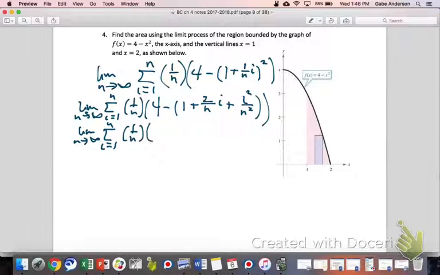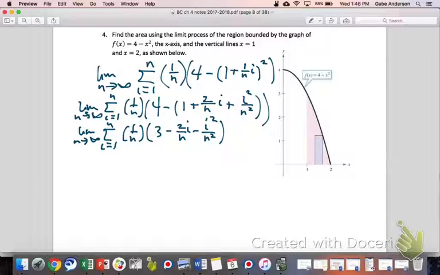So it's going to be 3 minus 2 over n i minus i squared over n squared. Still hanging in there? Oh, I lost an i. 2i over n.